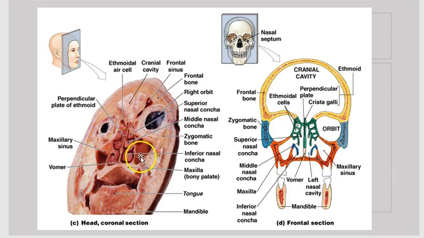You can also see these big air gaps. These are your maxillary sinuses. They're really big, so when they get inflamed, they hurt a lot. Here you can see it all again in a drawing with your vomer right there forming part of that nasal septum. Very cool.